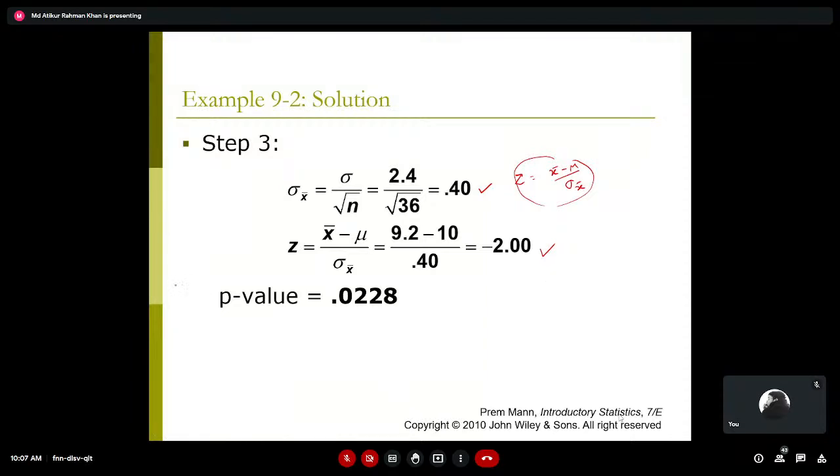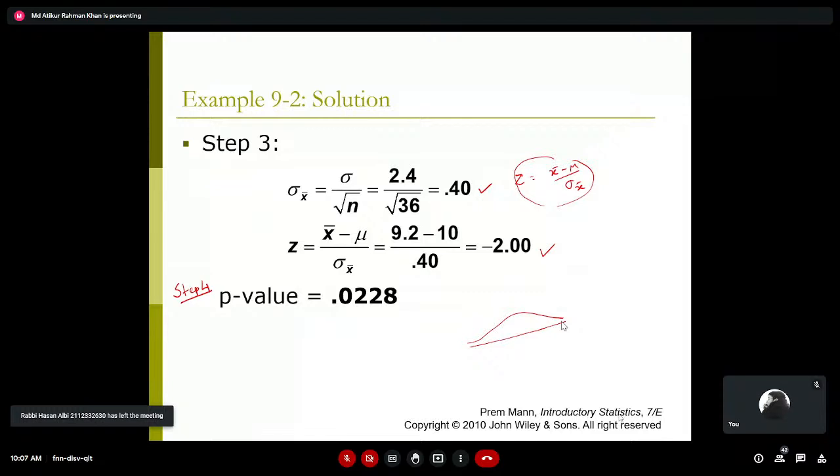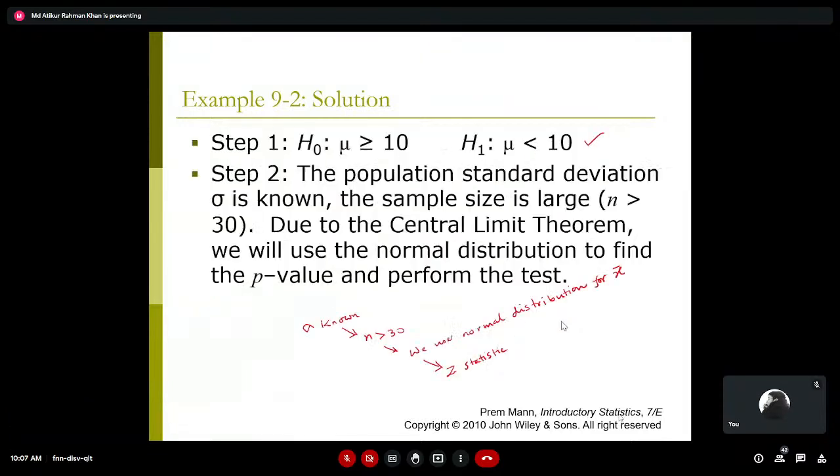So step 4, we need to calculate the p-value. Now how to calculate the p-value? At first we have to draw something like that. You don't need to be a good artist to do that. Just do freehand drawing. As long as you make this understandable to yourself, that's fine.